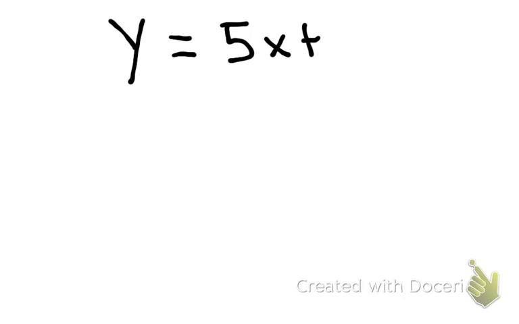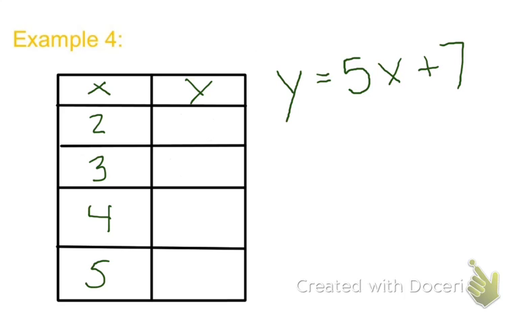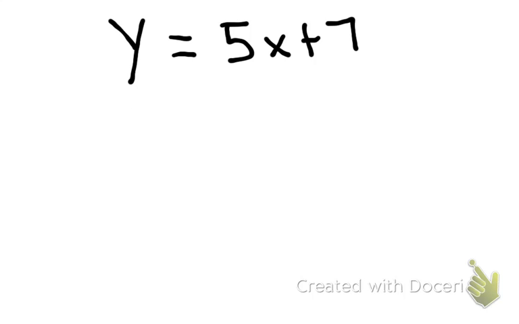So y equals 5x plus 7. Now let's put 2 into this equation. So y equals 5 times 2 plus 7.